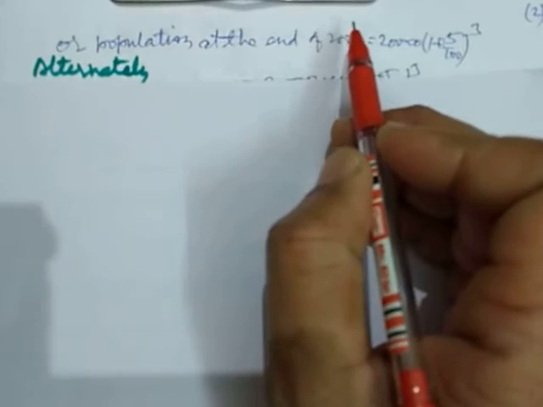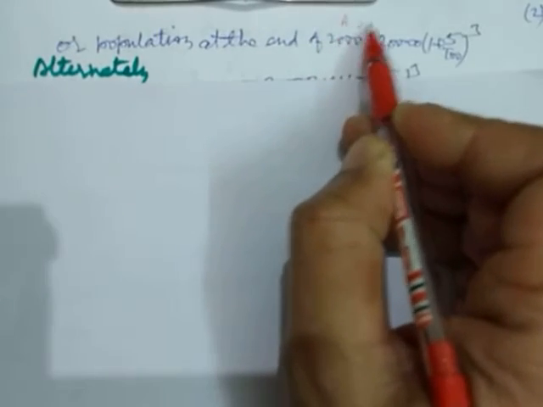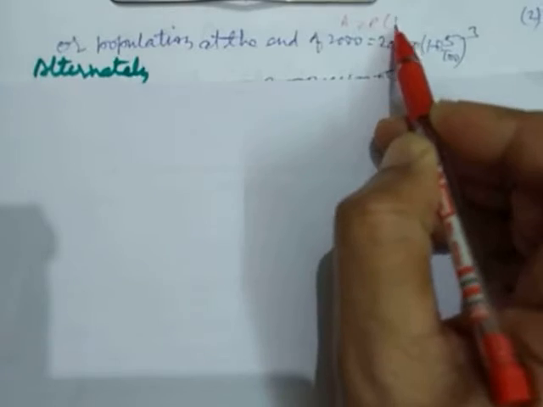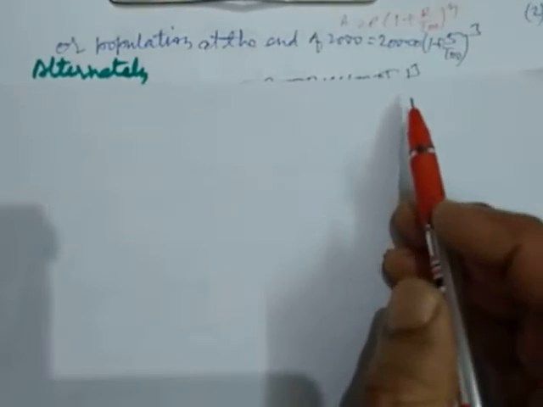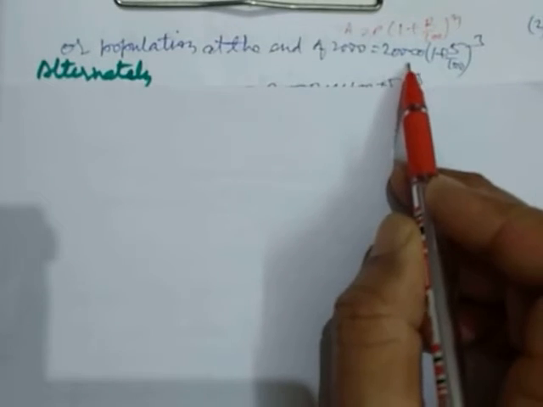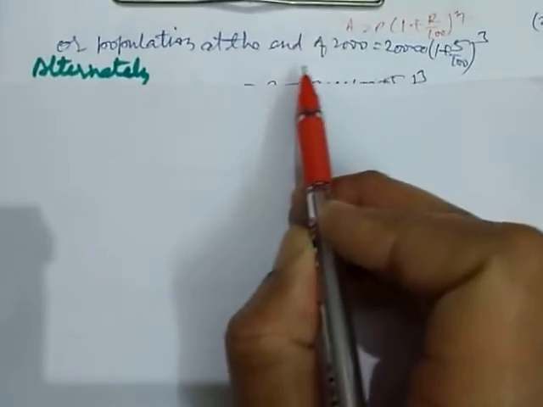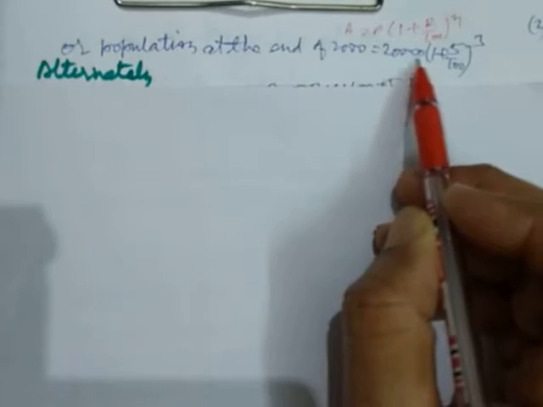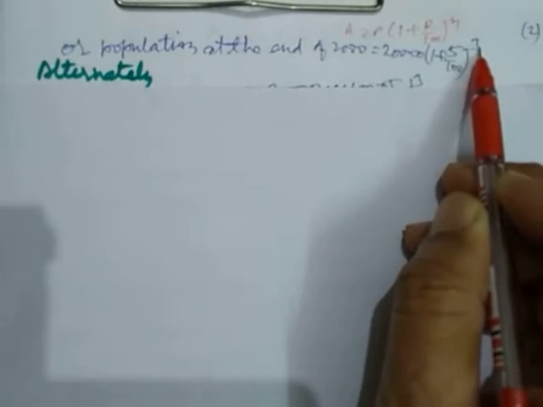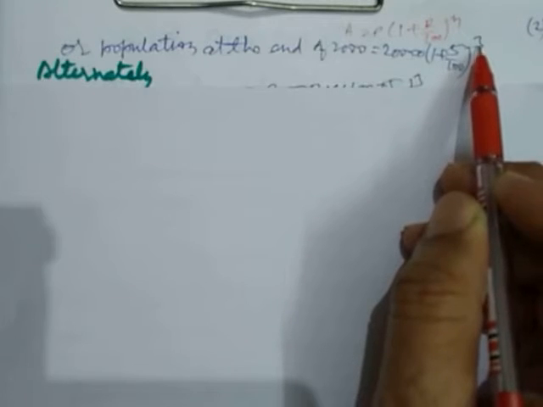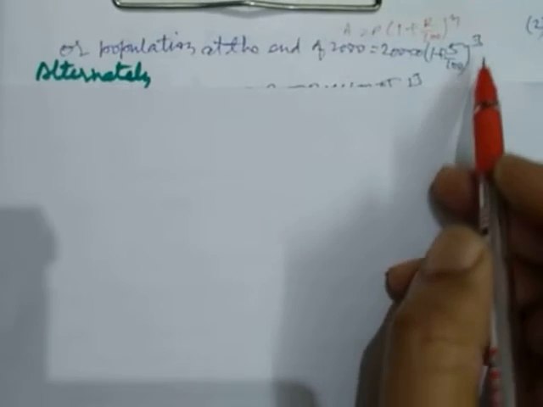Our formula is A equals P into (1 plus R by 100) power n. Here we apply this formula directly. So this is the principal, and this is the rate, and this is the period, time.